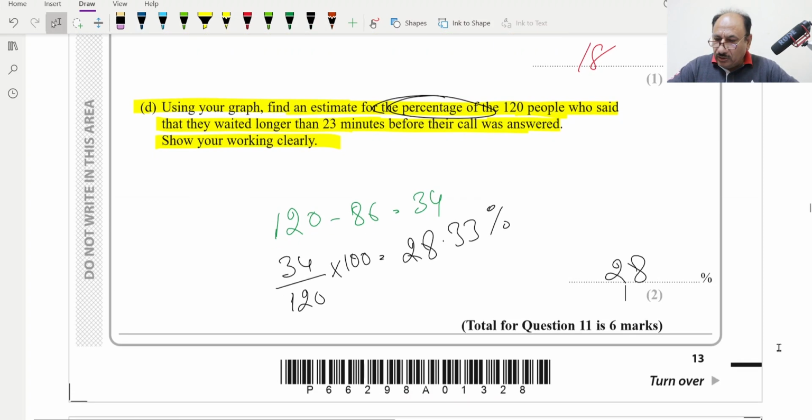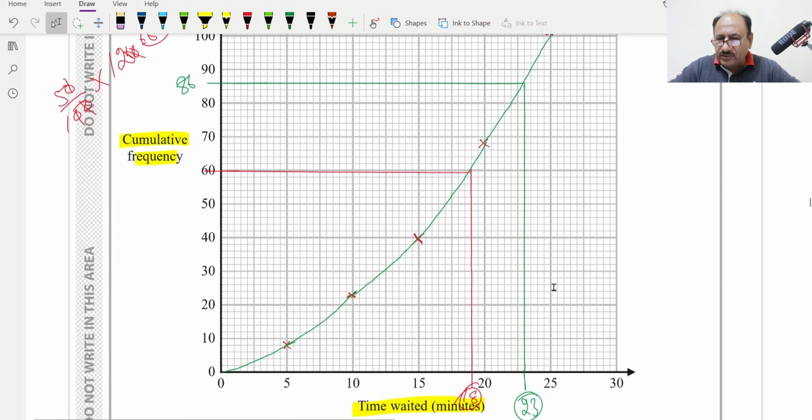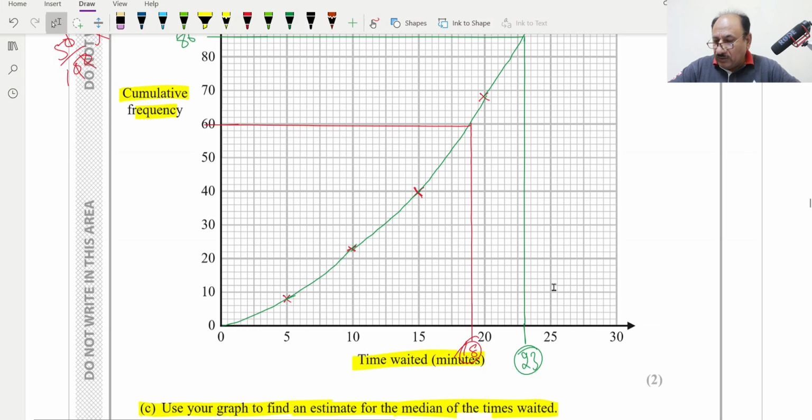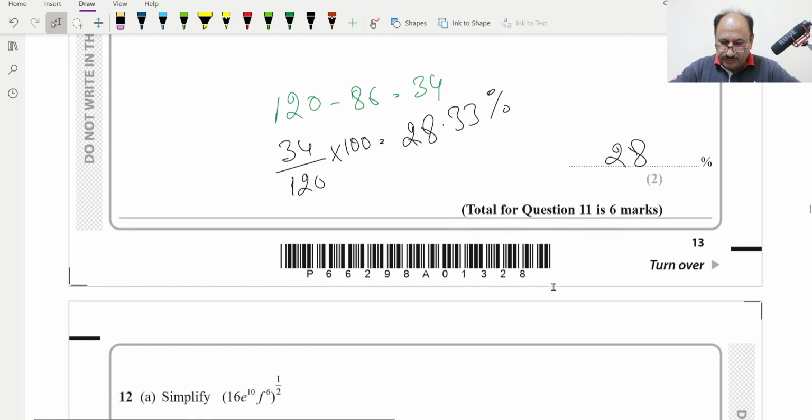Hopefully you understood this. Answers for these graph questions are always a range, so whatever answer you get should be within that range.